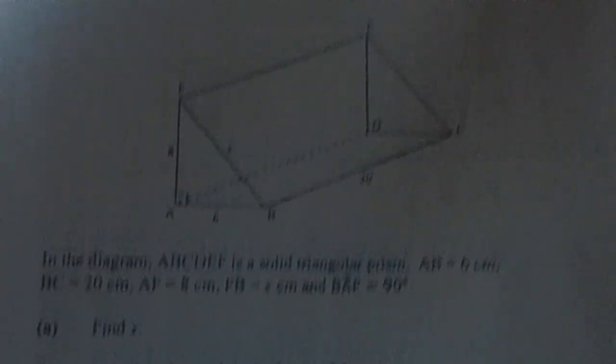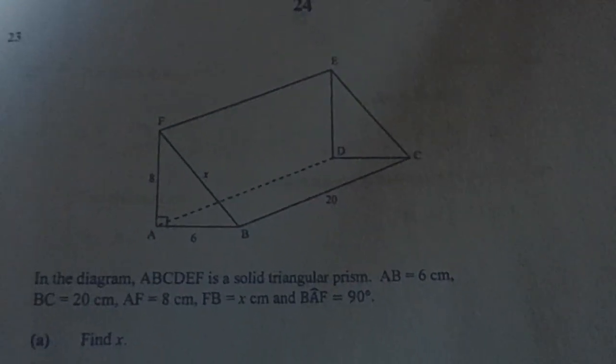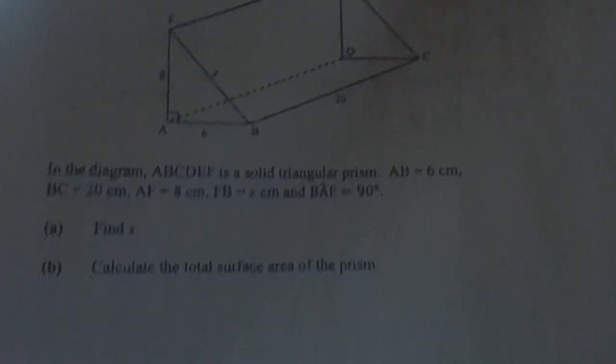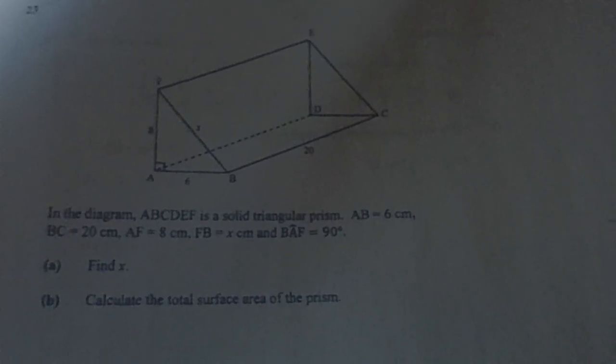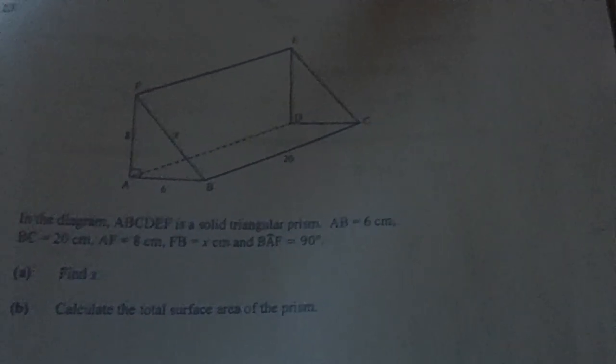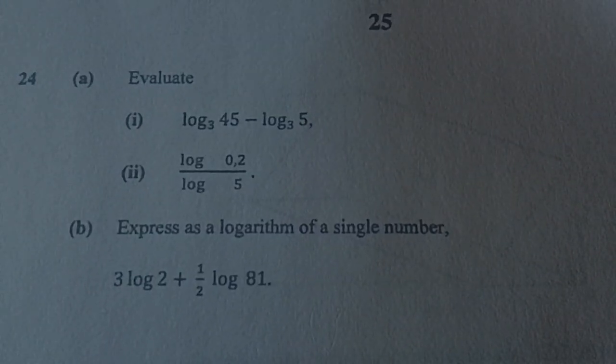I think this is the final one. Number 23. It's mensuration. Find x, calculate the total surface area. Then, it's not the final one. Number 24, logarithms. You can watch my video on logarithms.